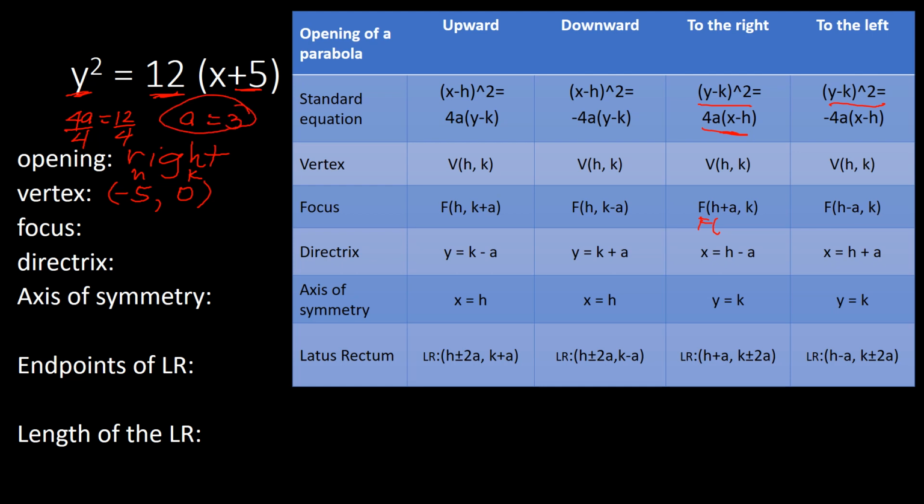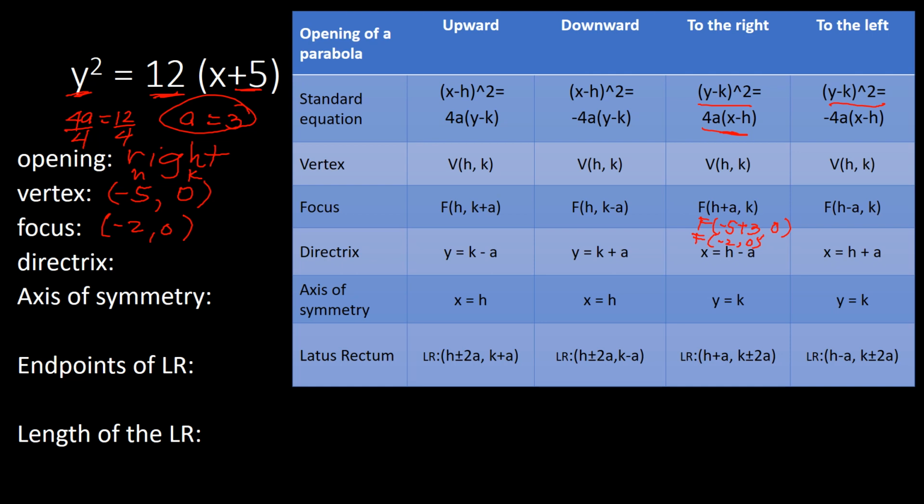So going back, we have focus is with H, which is negative 5, and A added with A, which is 3, and then comma, and then your K, which is 0. So our focus here will be negative 5 plus 3, that's negative 2, comma, and 0. So again, focus is negative 2, comma, 0.